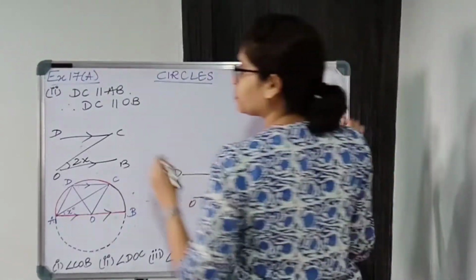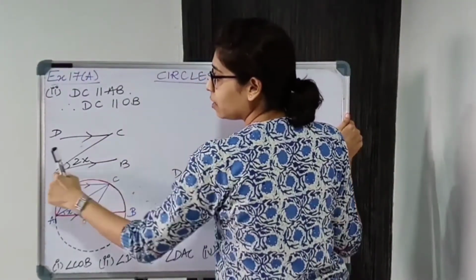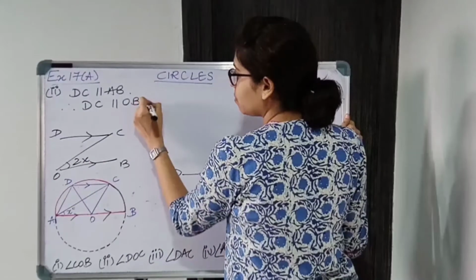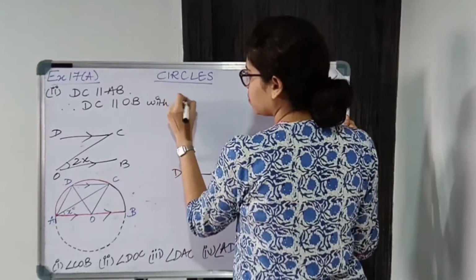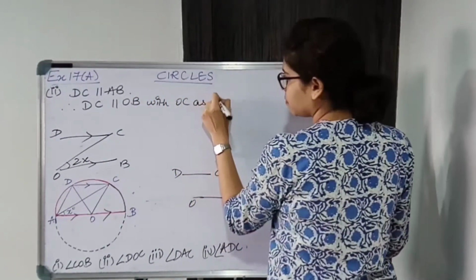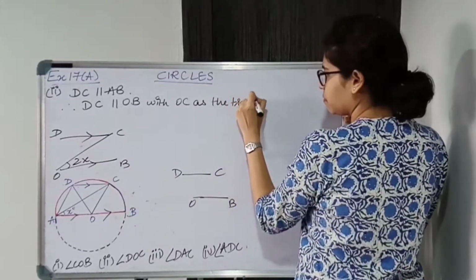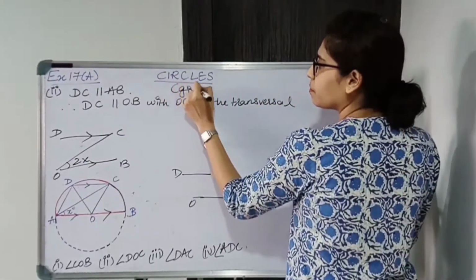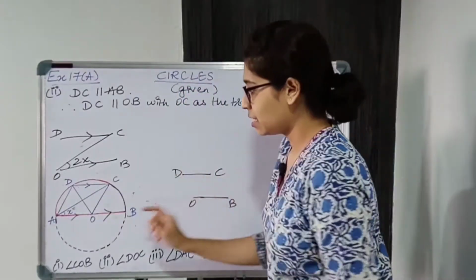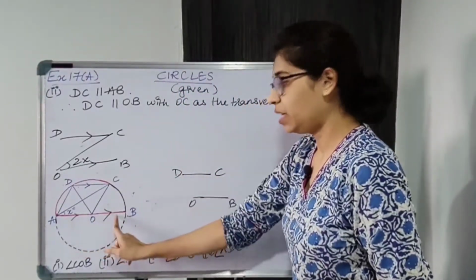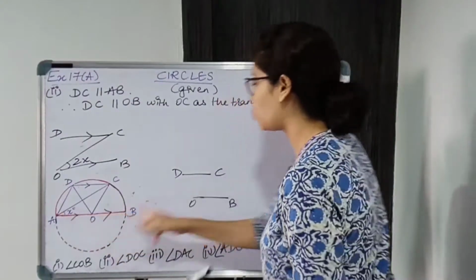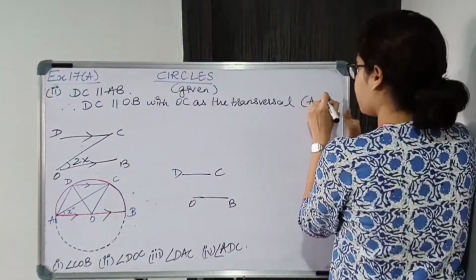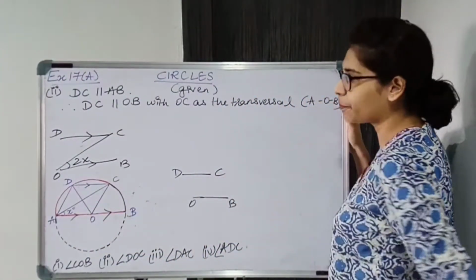Now, since these two are parallel and OC is the transversal, this is given, and for OB or AB, you need to give the reason: A dash O dash B. Okay.